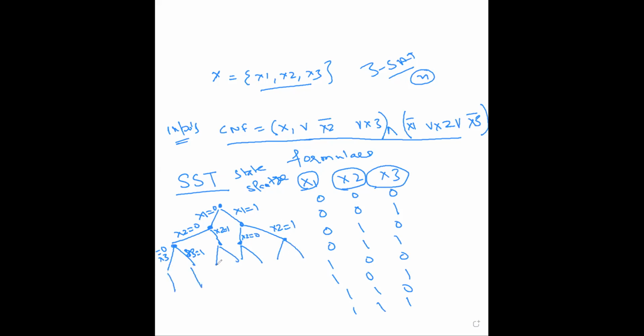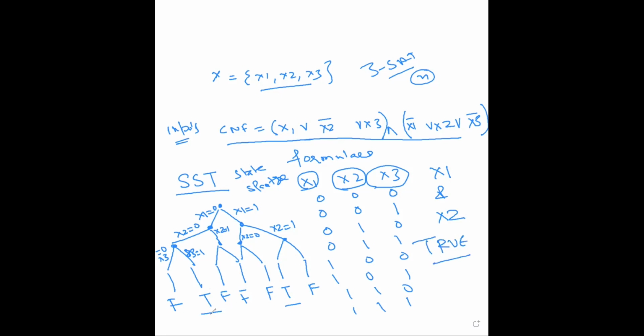These become the leaf nodes, and this will tell you whether the value is false or true. So that means for these many cases the value is false, but for 2 cases the value is true. So that means there exists some value of x1 and x2 for which the final outcome is true.